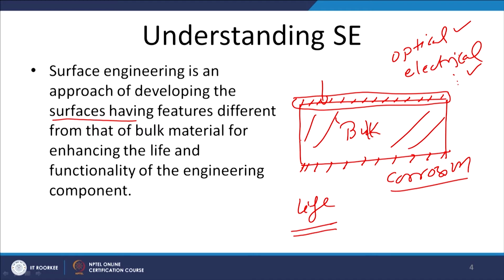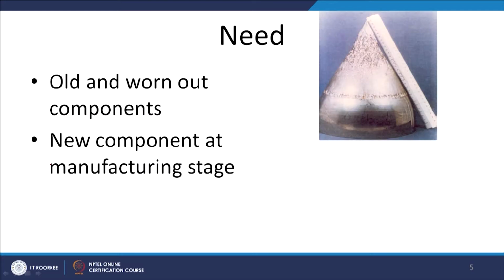It applies a large group of processes to develop the required set of properties at the surface, which are of course different from the bulk material, so that the required improvement in the life of the component can be achieved, or the functionality of the product can be improved. This is what surface engineering is done for.